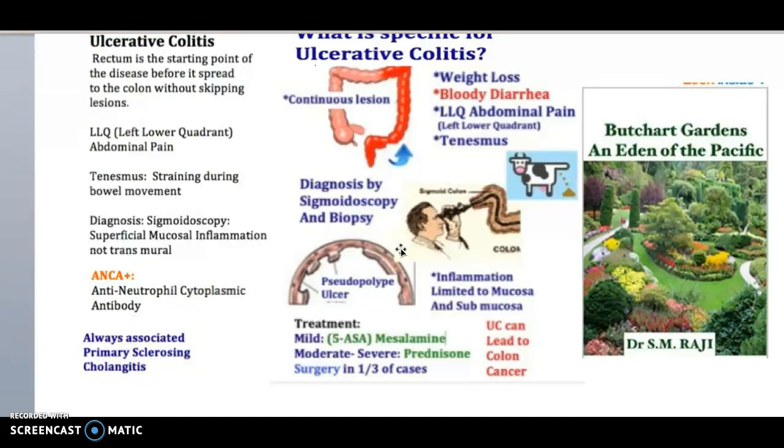For the treatment, if it is a mild case, you'll want 5-ASA, which is mesalamine. If it is a moderate or severe case, you'll want prednisone, and surgery in one third of cases, so 33% relative to 70% in Crohn's disease.